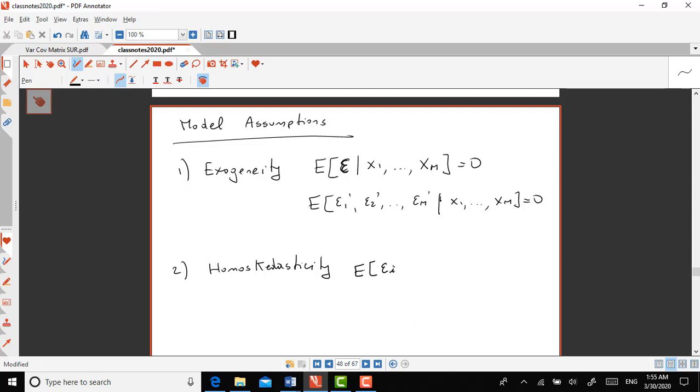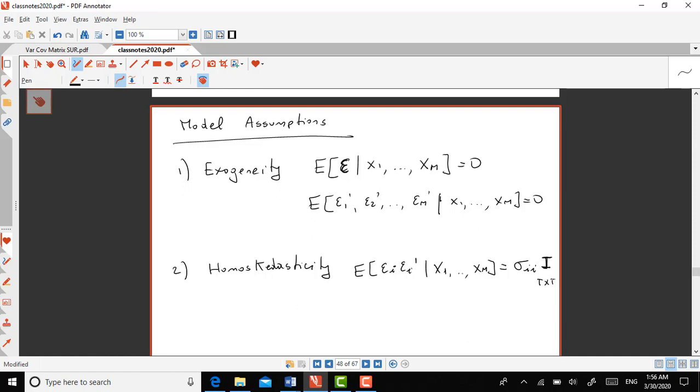We have the expected value of the product of the errors within each equation, conditional on the values of explanatory variables for all of the equations, equal to a constant times I. Remember, this is T by T. So basically what we're saying is that the errors are homoscedastic within each equation.